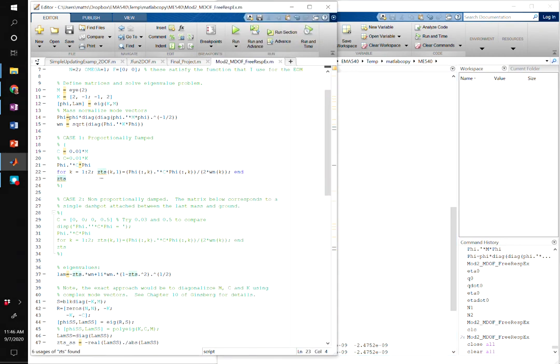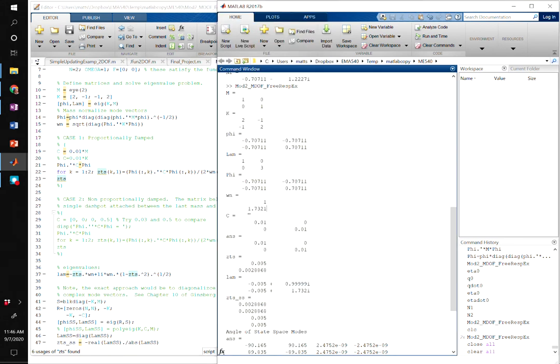Okay, so in the case of proportional damping, here's an example. Say the damping matrix is just 0.01 times the mass matrix. We would then calculate this product, phi transpose C phi, and so this is our C hat matrix. And notice that it's already diagonal because we've made the system proportionally damped.